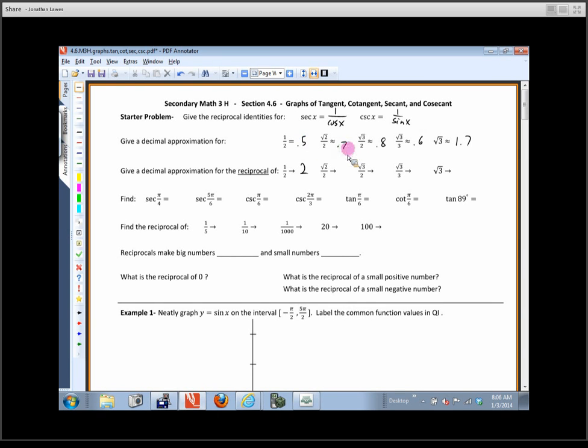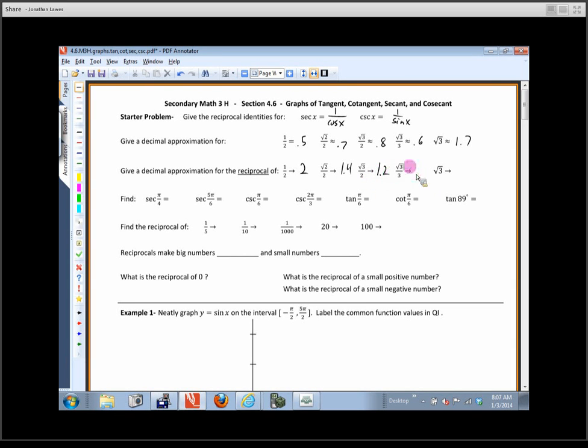What happens if I take 0.7 and do the reciprocal of 0.7, or 1 divided by 0.7, or take that and do 2 divided by radical 2? What do I end up with? About 1.4? Okay. And what happens if I do 2 divided by radical 3? 1.2.